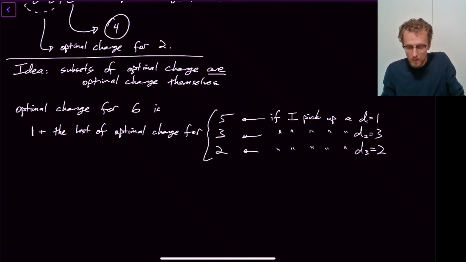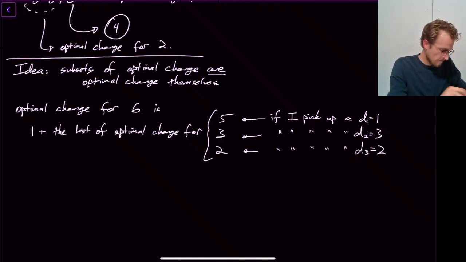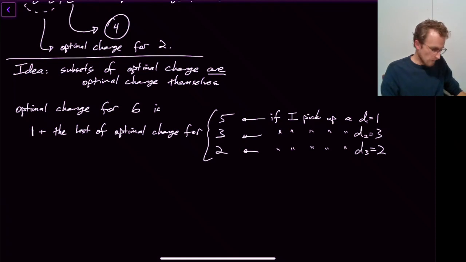So what does this let me do? Well, this lets me now chase more questions. So I can say, all right, suppose I'm executing an algorithm to identify optimal change for 6.